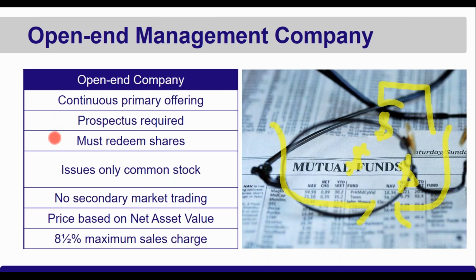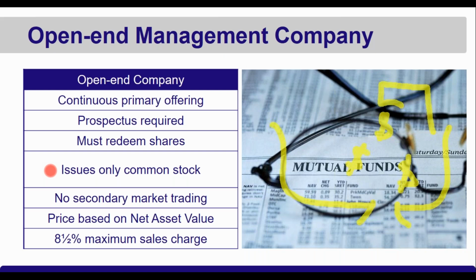So we're going to talk about redeemable shares. We'll get to that. But the way that they're raising this capital is they're issuing stock. And with an open-end company, you'll notice that it says here that the way an open-end company can raise capital, the way they can fill up the bathtub, is by issuing common stock, and only common stock. Now, don't confuse this.